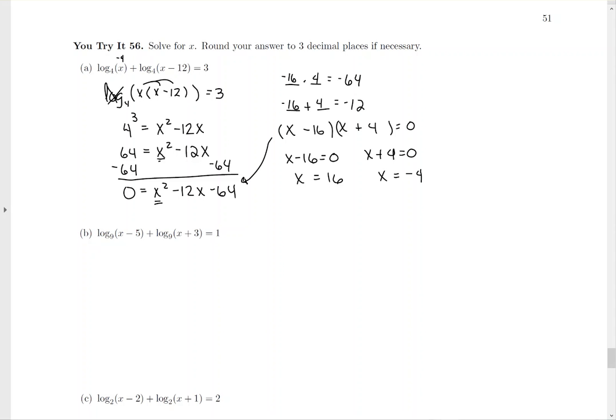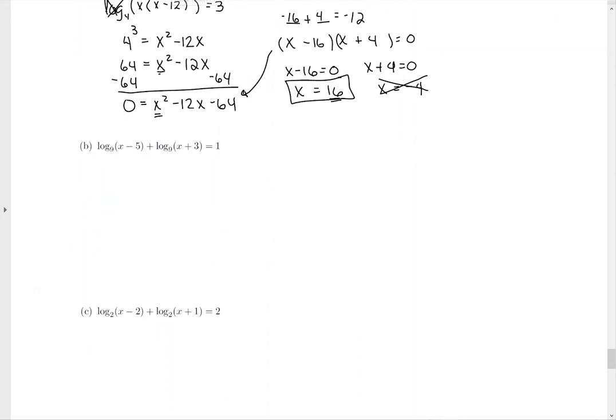The argument is negative. If I take the number 16 and plug that back in, so log base 4 of 16, the argument's positive. 16 minus 12, that argument is positive as well. As long as all arguments are positive, that number's good to go.